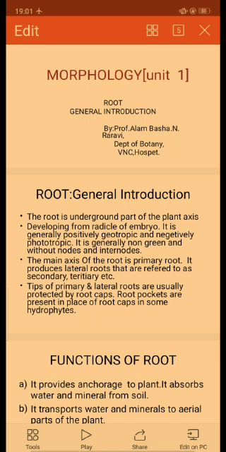You know, root is generally non-green and without nodes and internodes. You can see the underground part of the root is the mother root or the primary root, that is the main root. It produces secondary roots, tertiary roots and rootlets.